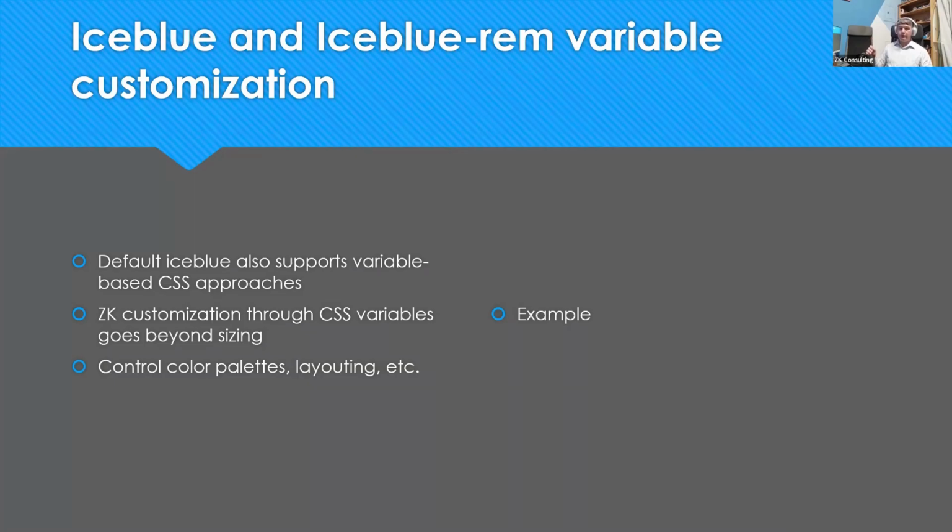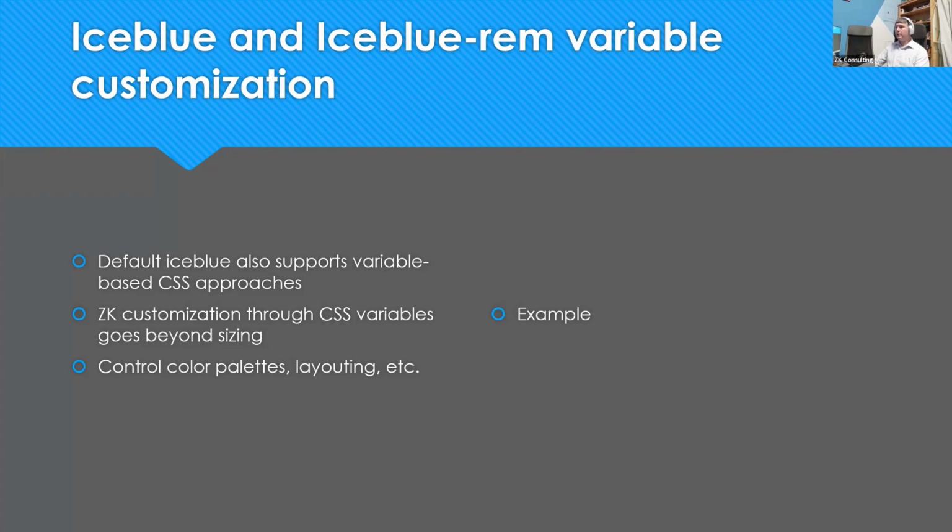It also comes with some customization on ZK components to make them more scalable by default without further customization. But you can already use the CSS variable approach to control your components even in a regular Iceblue project. So let's take a comparison between the two.